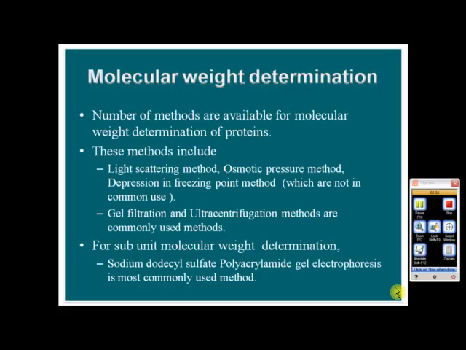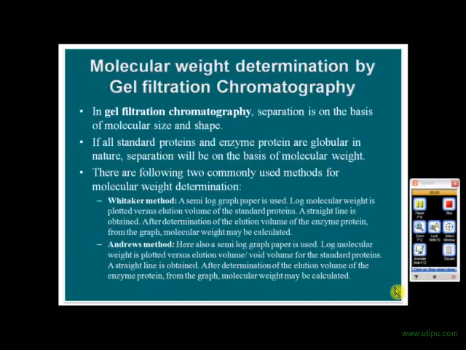For subunit molecular weight, if the enzyme has more subunits, it can be determined by SDS-PAGE. While doing SDS-PAGE, you load molecular weight markers, the proteins get separated, and you can compare with the marker and give the molecular weight of your enzyme.